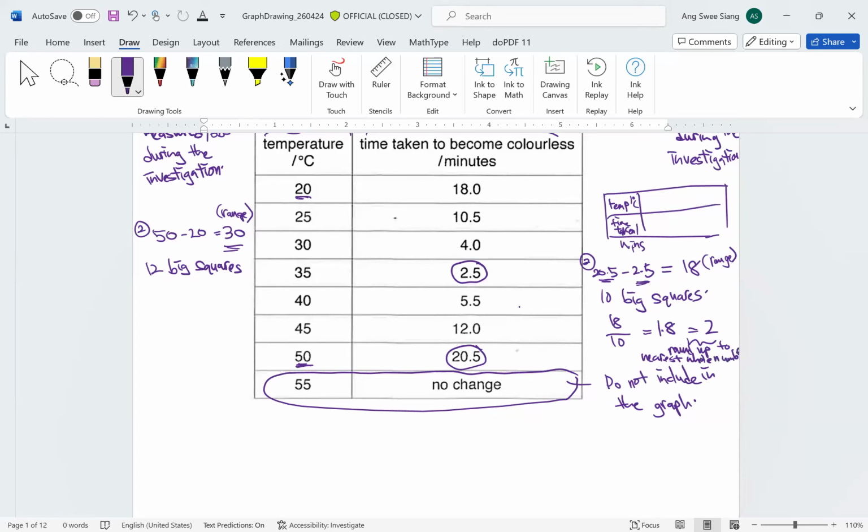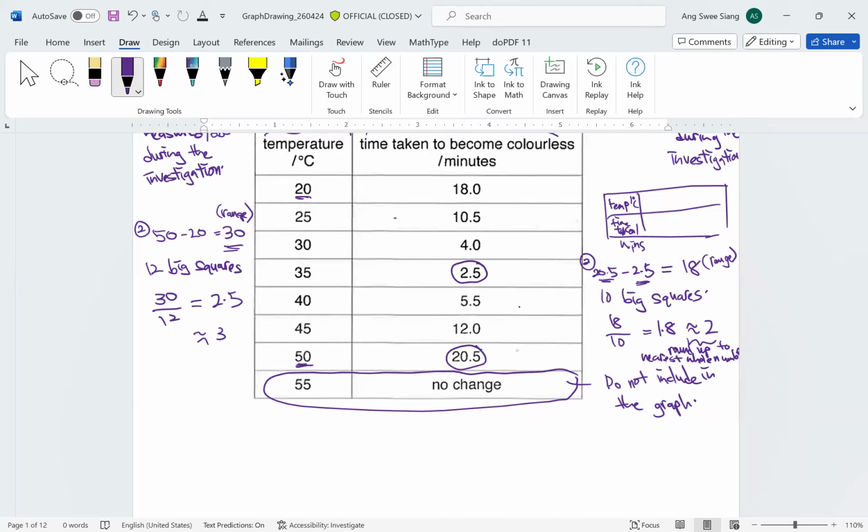Then I do the same for the other one. 30 divided by 12 will be 2.5. I think it's 2.5, right? So for the x-axis, you can leave it at 2.5, or round up to 3 to the nearest whole number.